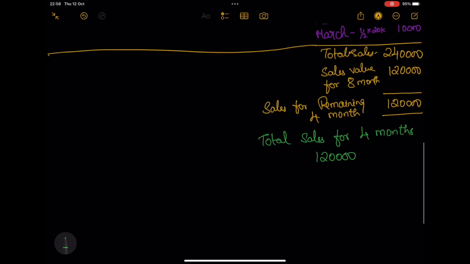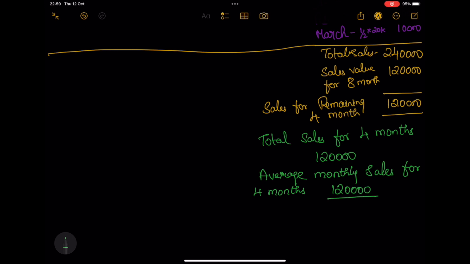So what will be the average monthly sales for 4 months? How are we going to identify? 1,20,000 divided by 4. We will be getting 30,000. Isn't it?